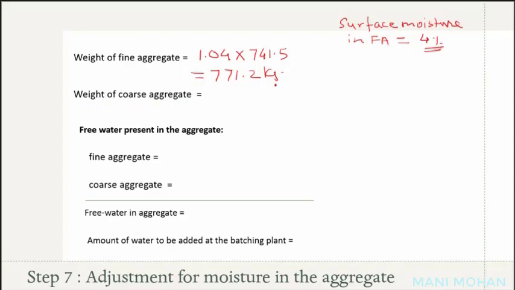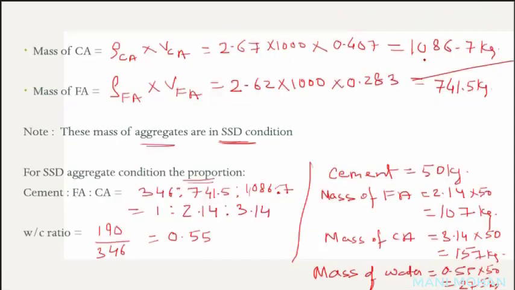Similarly, weight of coarse aggregate. What was the surface moisture in coarse aggregate? It is 1%. The surface moisture in coarse aggregate is going to increase the weight of the coarse aggregate. So I need to multiply 1.01 with the mass of coarse aggregate which we have computed, that is 1086.7, which is in saturated surface dry condition.